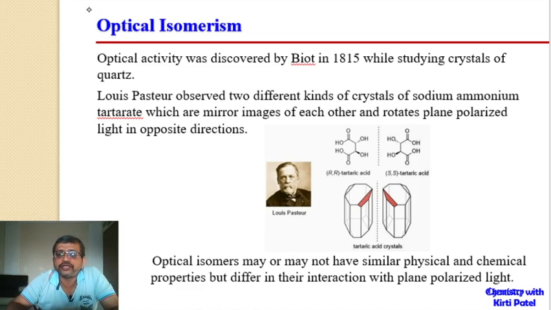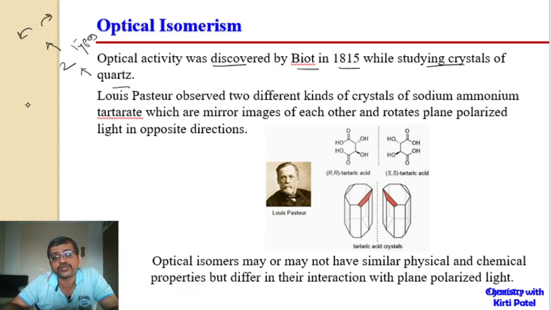Optical activity was first discovered by Biot in the year 1815, so it is a discovery more than 200 years old. When Biot was studying crystals of quartz, he encountered two types of crystals, one rotating the plane of polarized light in an anti-clockwise direction and the other rotating it in a clockwise direction.